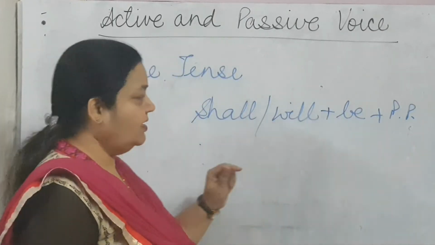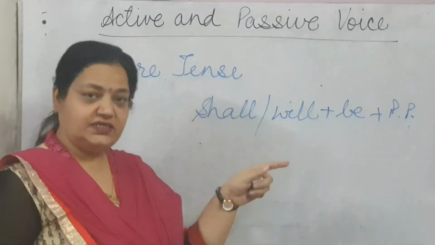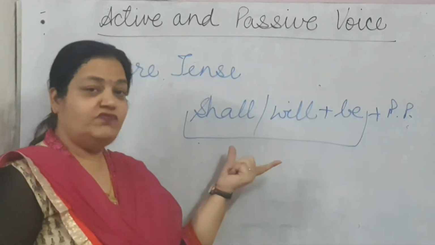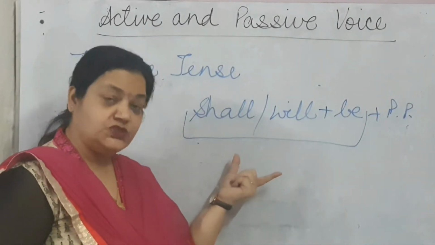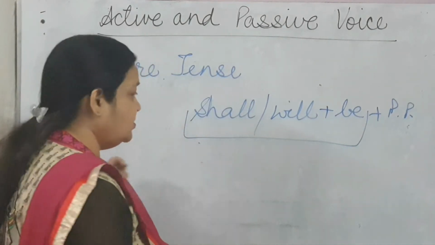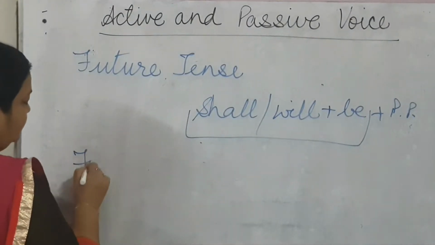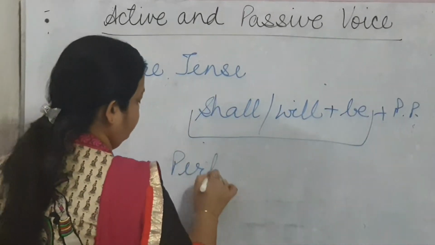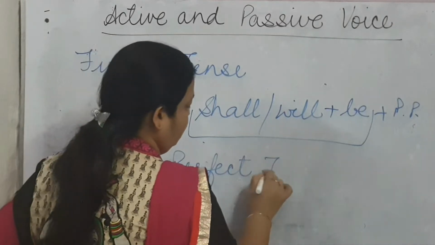Then if we talk about future continuous, now if you have noticed, this is already a future continuous form. So it is already a passive form. So let us talk about future perfect tense.